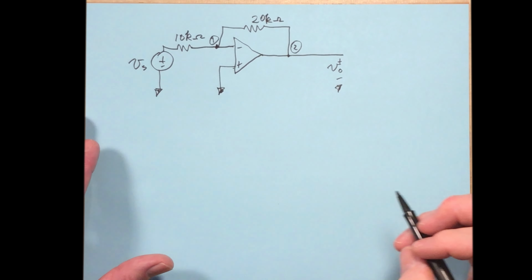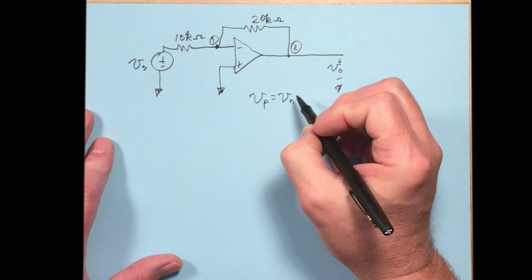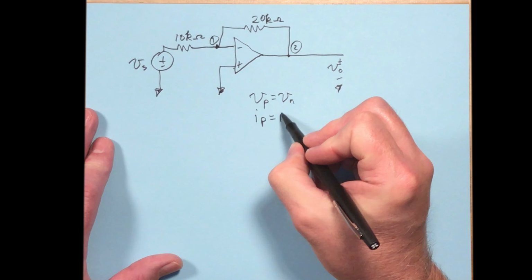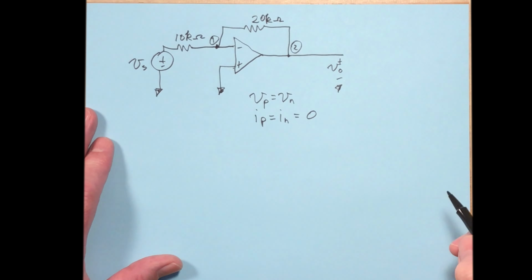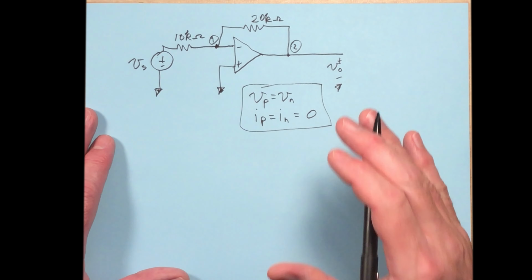And let me remind you of the ideal op-amp constraints, that VP equals VN and IP equals IN equals 0. So these are our ideal op-amp constraints, and we're going to apply these right now.